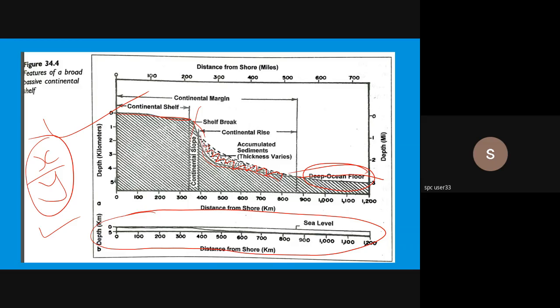Because here in the upper diagram, while you say this is 100 kilometers, you are going to say this is 5 kilometers, matching it to that. So this is a very exaggerated diagram. It actually should be looking something like this, very gradual.